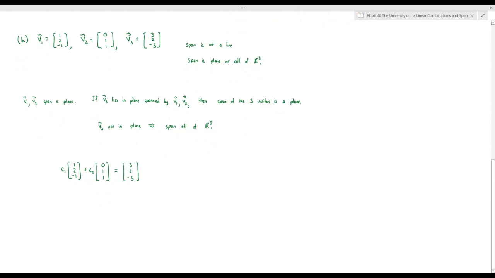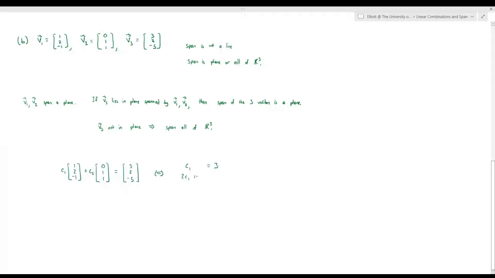Okay, so if we just write out the corresponding system of equations, here we have 1c1 plus 0c2 must be equal to 3. Next we have 2c1 plus c2 must be equal to 2.